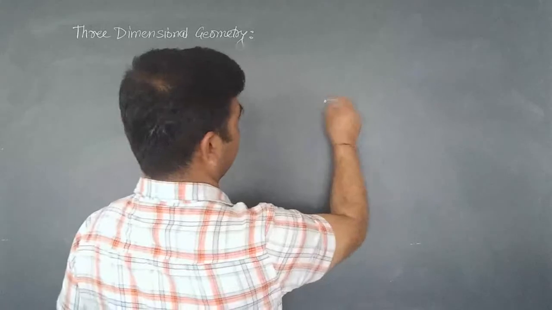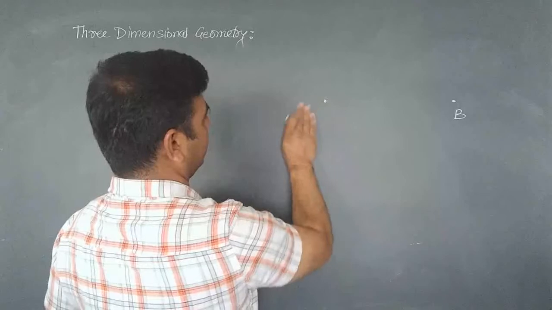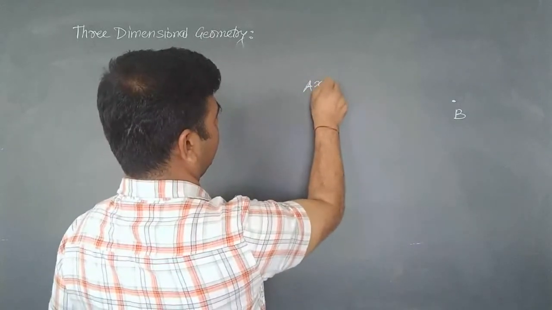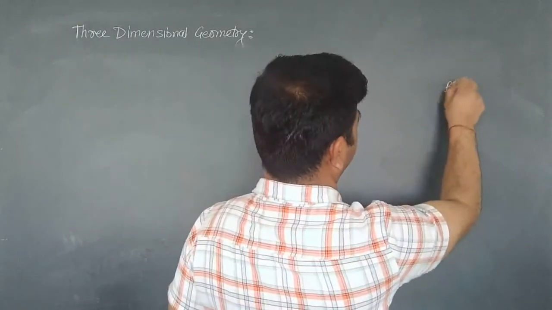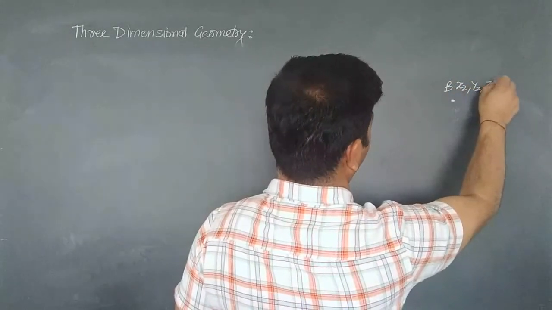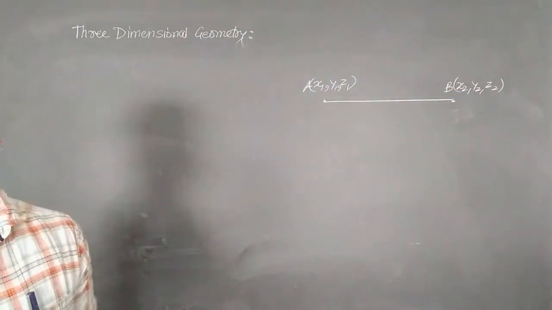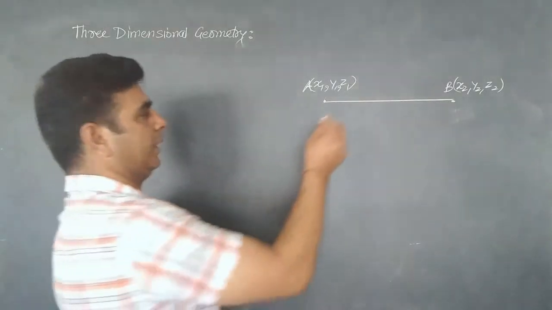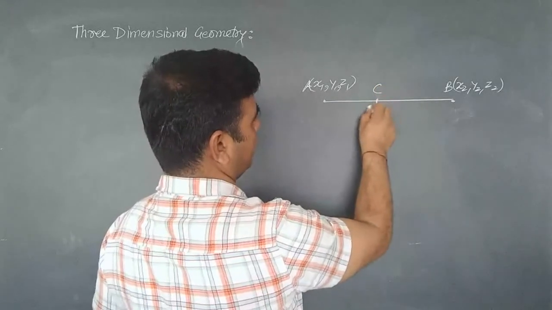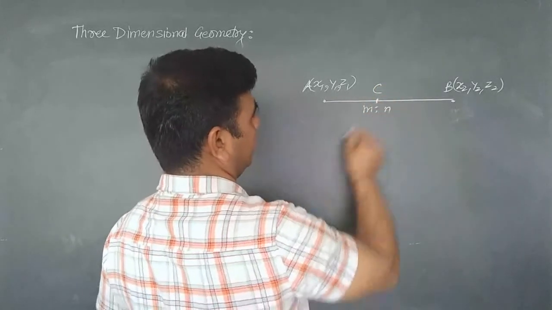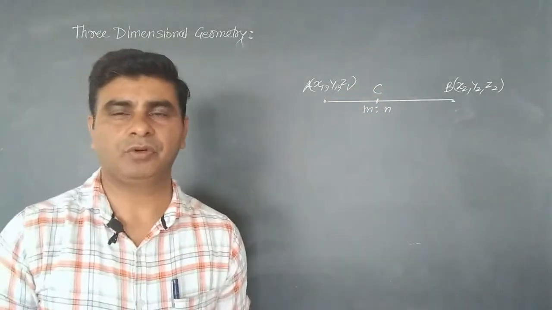So let us consider A and B. This is point A having coordinates x1, y1, z1, and this is point B with coordinates x2, y2, z2, and this is the line joining points A and B, and C is any other third point which is dividing this line segment AB in some ratio m:n internally. Then if you want to find the coordinates of the point C, that can be obtained by the section formula.